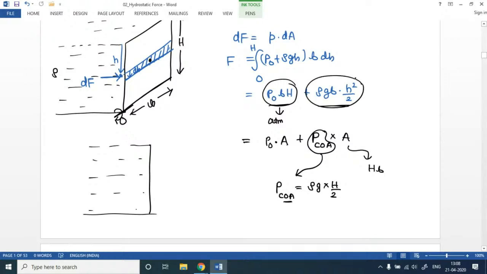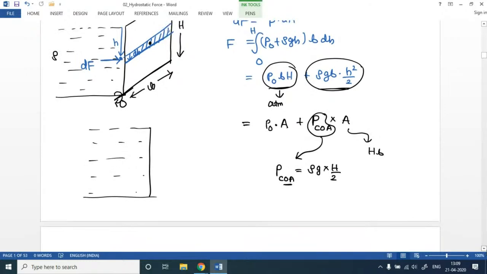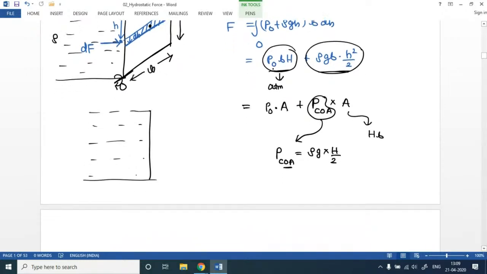Okay, and now this would be the net force, and I am interested in finding out the point of application of the forces over here. The point of application of this force would be some place, and this force would be someplace else.